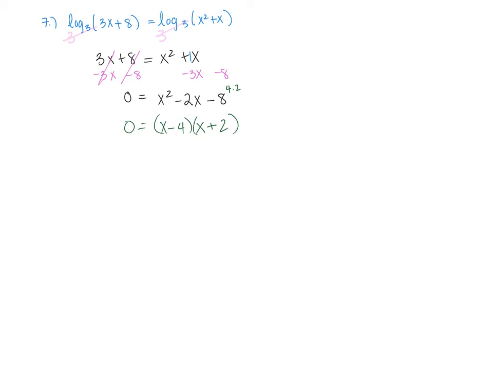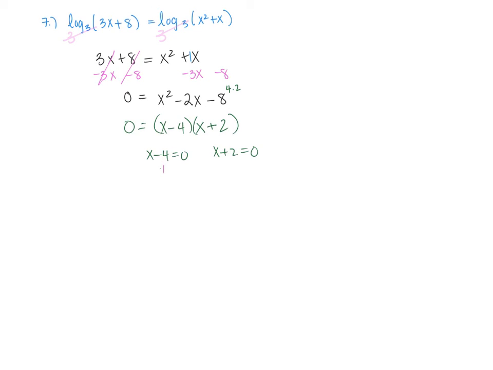Oh, sorry, I said that wrong. Negative 4 plus a positive 2 makes a negative 2. So this works. So they multiply to give you negative 8, they add to give you negative 2. So now we're just going to set each factor equal to 0 and solve this out.